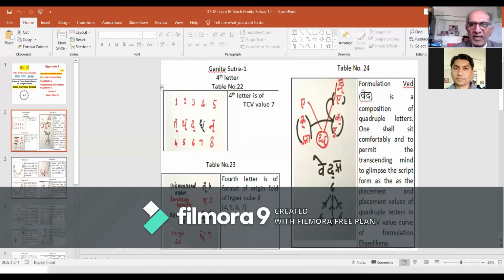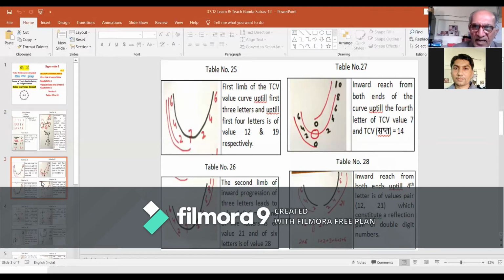Ahead, we can further have a glimpse, a thorough visit to the TC values curve of the formulation Eka Adhikain. The first limb of this TC value curve, up till the first 3 letters and then up till the first 4 letters, is of value 12 and 19 respectively. 6 plus 4 plus 2, 12; 6 plus 4 plus 2 plus 7, 19.